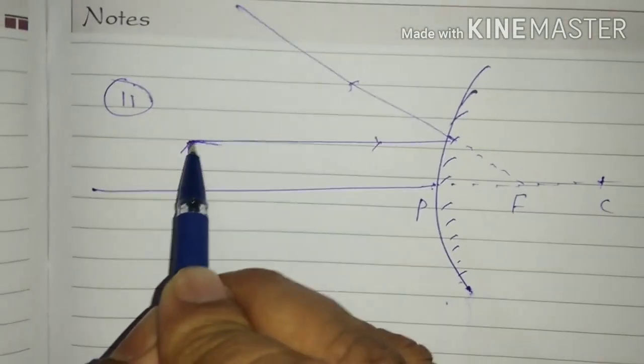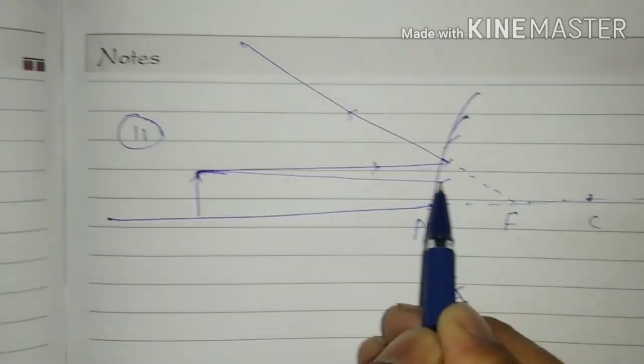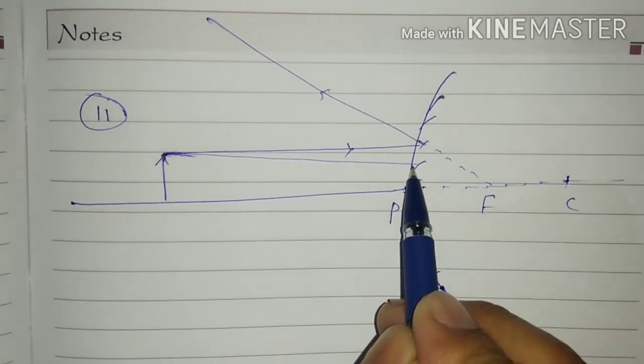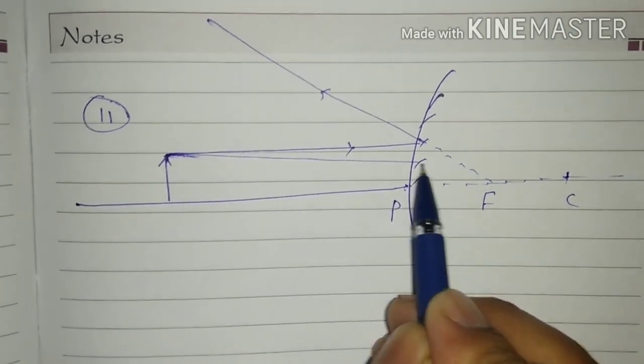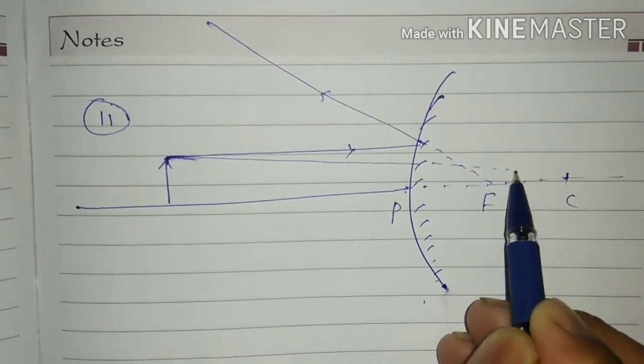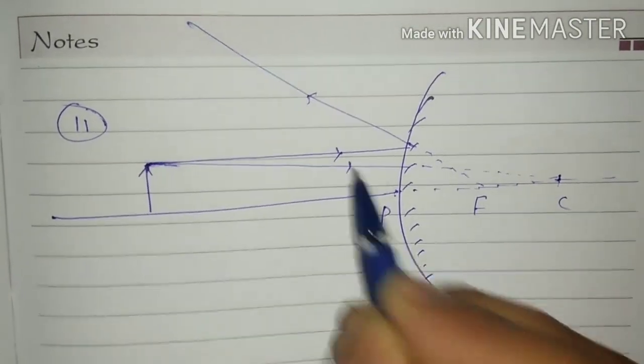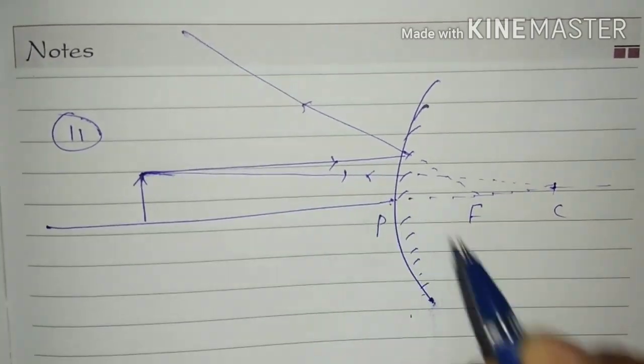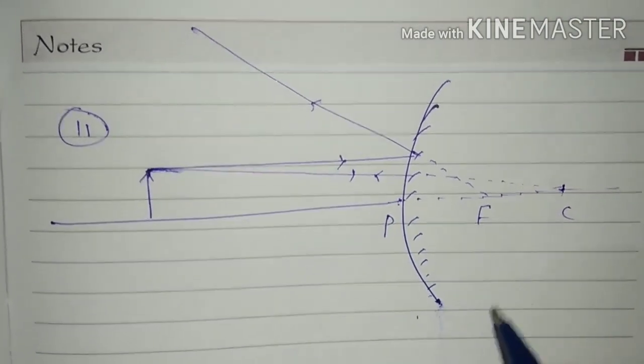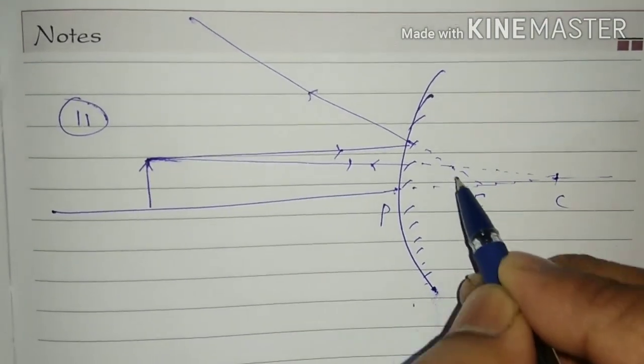It is not a real event, it is a virtual event, and virtually it appears to pass through the center of curvature. Then after reflection it retraces its path. So these two rays virtually meet here.